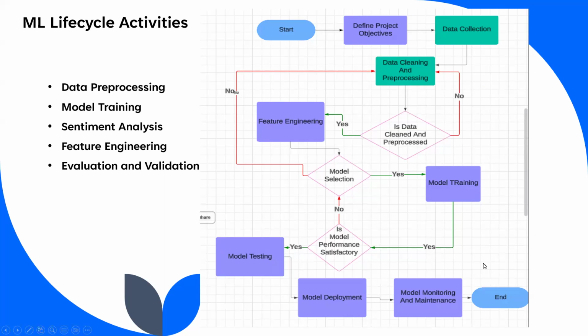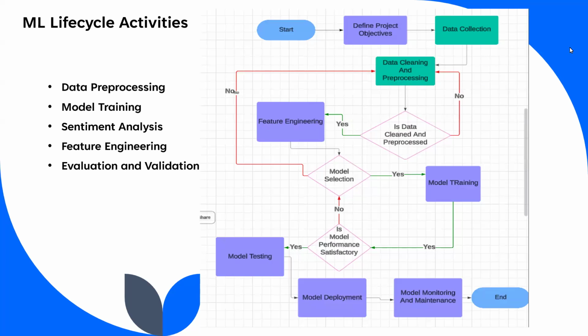Here's a brief overview. This flowchart depicts the ML lifecycle activities. Define the project objectives, and then we collect the data that is required for that project. And then the raw data is not ready for model building. So we have to first do cleaning and pre-processing of the data.